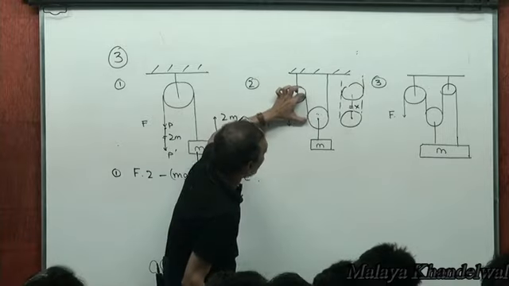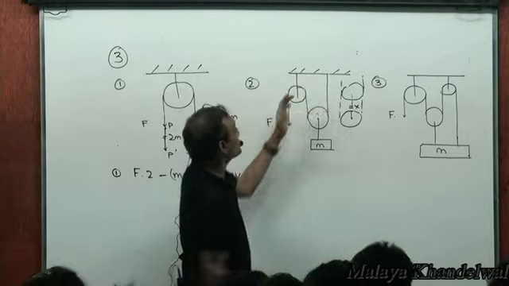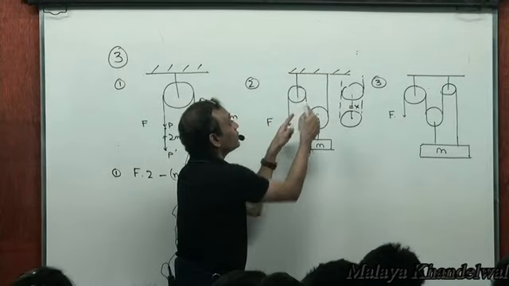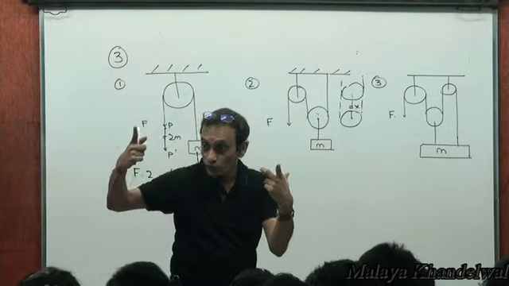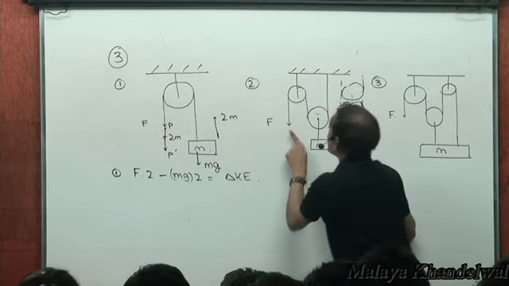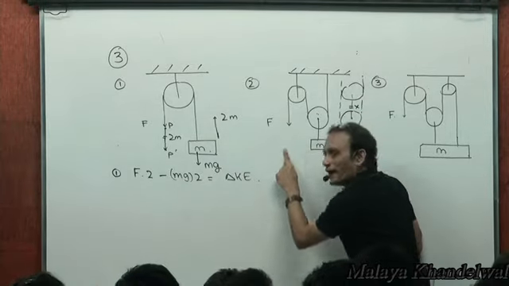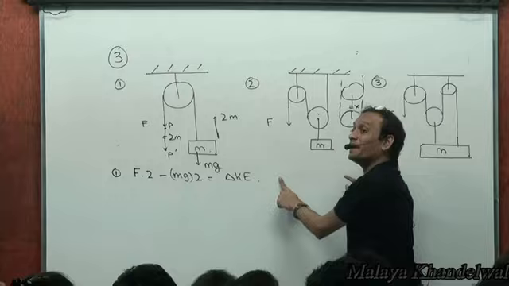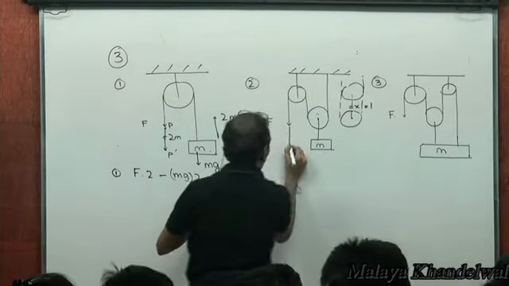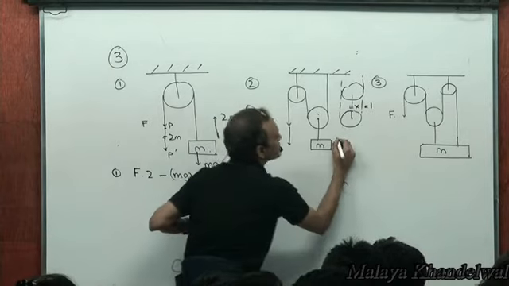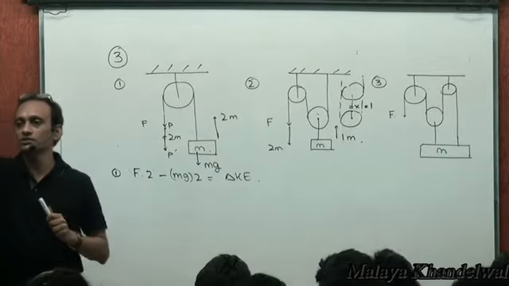That means this length will decrease by x, this length will also decrease by x. That means to the right of this pulley, the string length will decrease by 2x. Yes or no? And that 2x must come down. That means in this case, 2x is 2 meters, so x must be 1 meter. So in this case, x is 1 meter. That means while this goes down by 2 meters, the mass m must move up by 1 meter. Are you all okay with this?